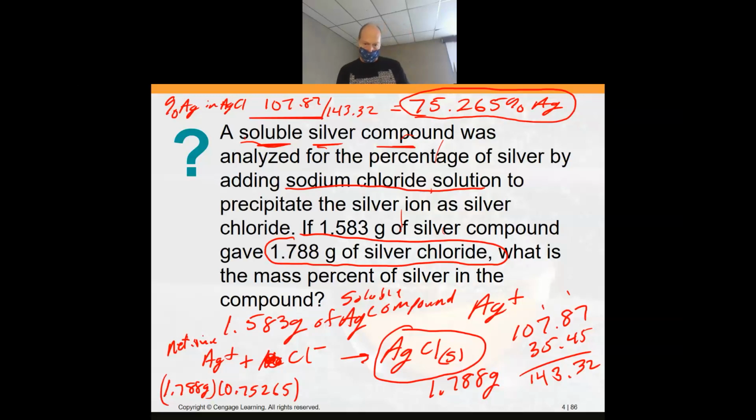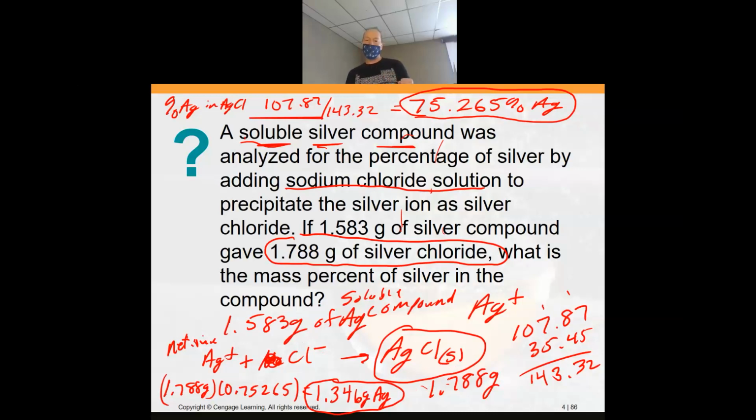And this is going to be 4 sig figs. So we know 1.346 grams of silver.